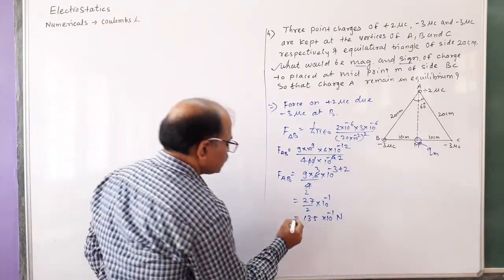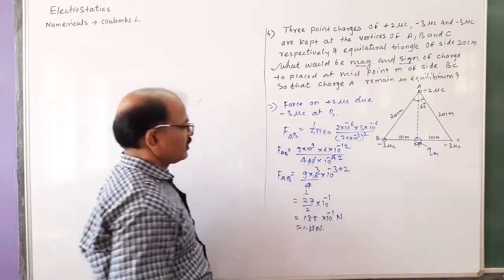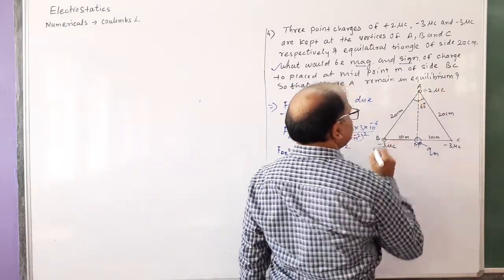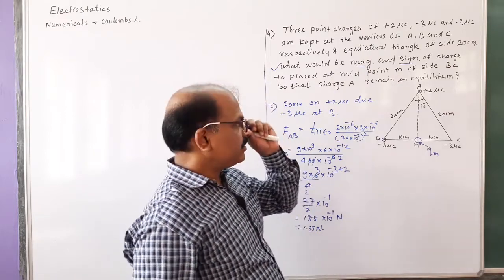Okay, this is right, 1.35 Newton. So the force experienced by A due to B is 1.35 Newton.